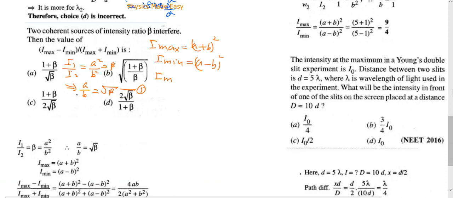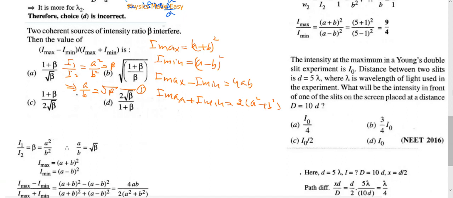I max minus I min is 4AB, a 10th grade formula. I max plus I min is again a 10th grade formula: A square plus B square. If we add them, I will get this. If we subtract them, I will get this.